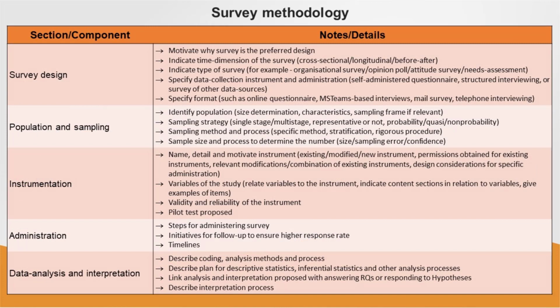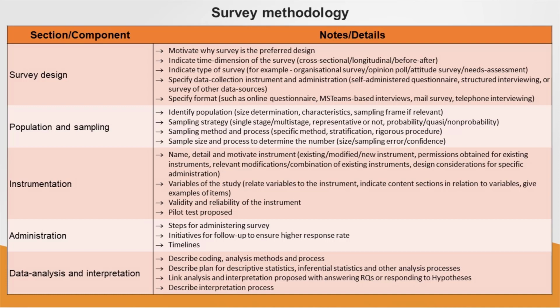In the first place, when you describe your research design, your survey design, motivate the survey as the preferred design, and indicate the time dimension for your survey. Is it cross-sectional, longitudinal, before and after style? Indicate the type of survey, for instance, organizational survey, opinion poll, attitude survey, needs assessment, or whatever.